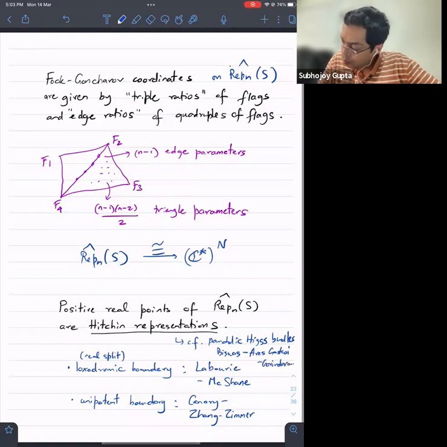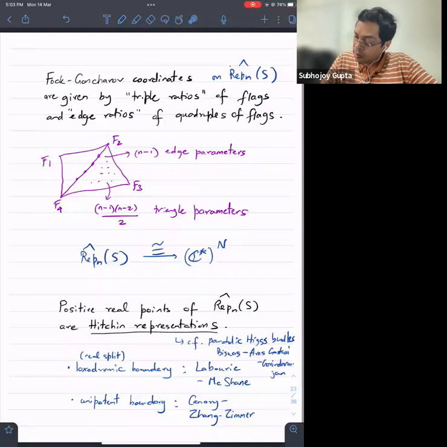And anyway, I'm running out of space here, but the fact that these positive real points are Hitchin representations is also mentioned in these works, Labourie and McShane and Canary, Zhang and Zimmer.